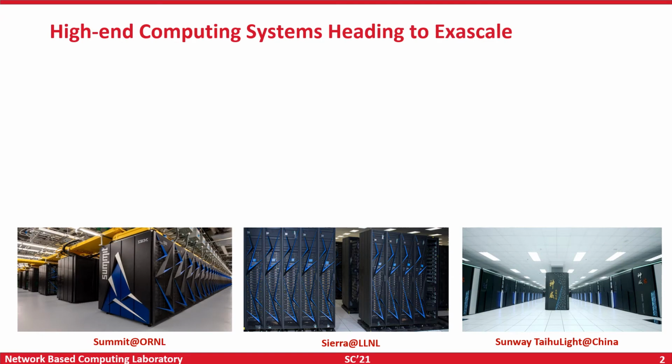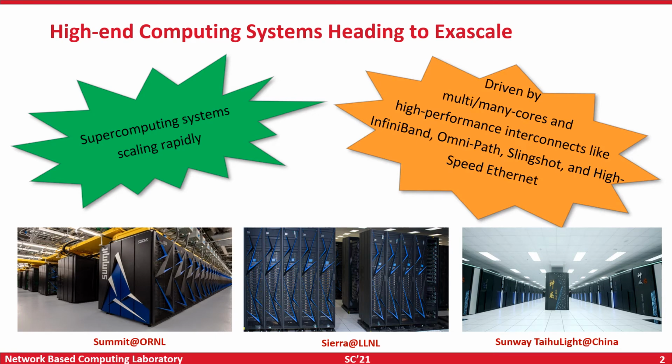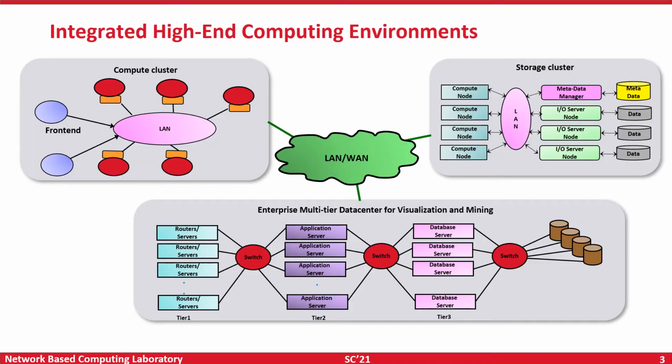As many of you know, we are in an exciting phase heading into Exascale. Systems like Summit, Sierra, even Sunway TaihuLight, these systems have been deployed in the past and newer systems are coming up. If you take a look, these systems are scaling rapidly. They're also being driven by many cores and high performance interconnects like InfiniBand, Omni-Path, Slingshot, and high performance Ethernet.